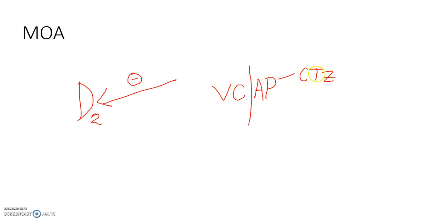What metoclopramide does is it blocks the dopaminergic stimulation of the chemoreceptor trigger zone. So we don't have dopaminergic stimulation of the chemoreceptor trigger zone.